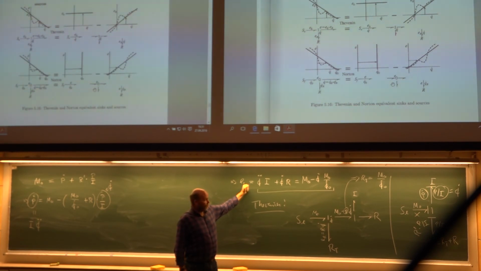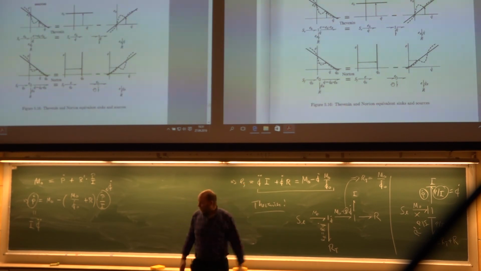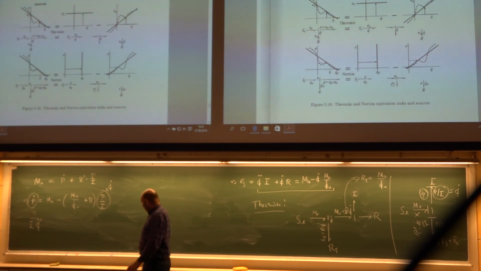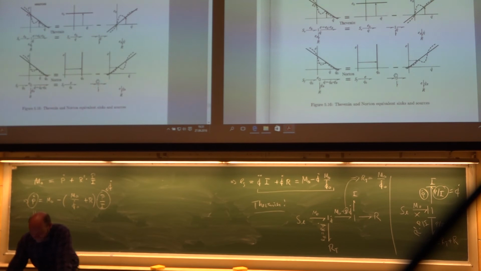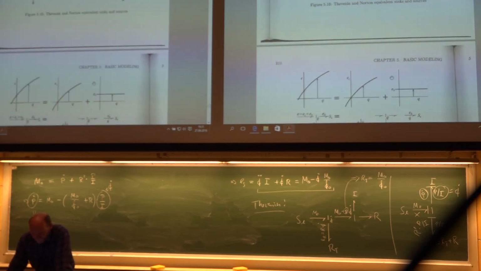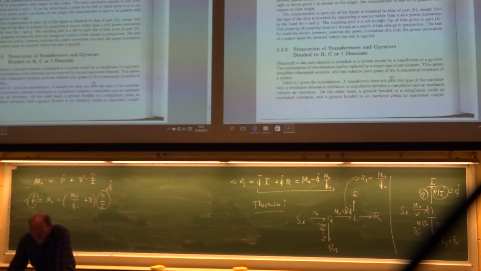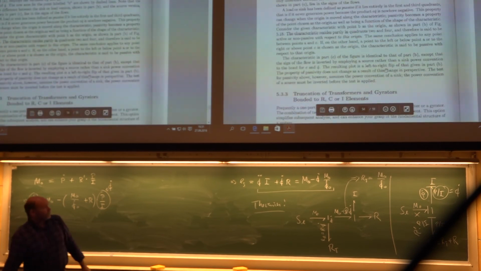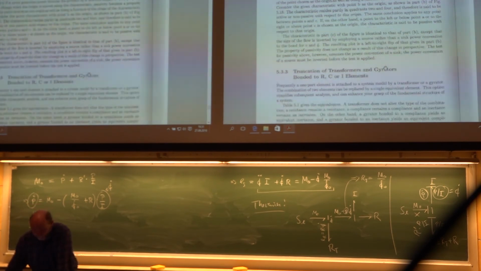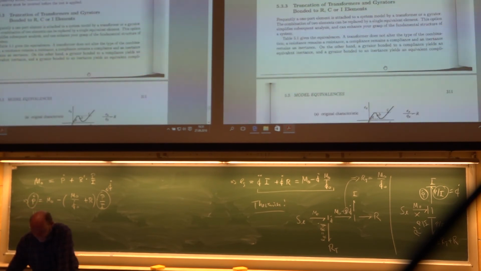It can be a lot of work. But using the causalities, much easier. Much easier. Any questions to this example? That's okay.